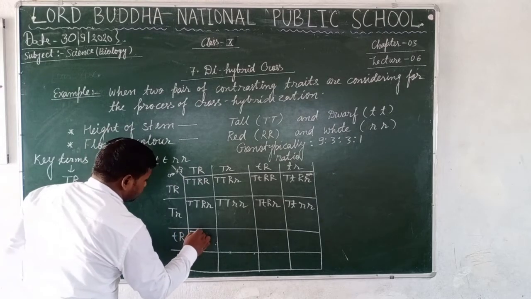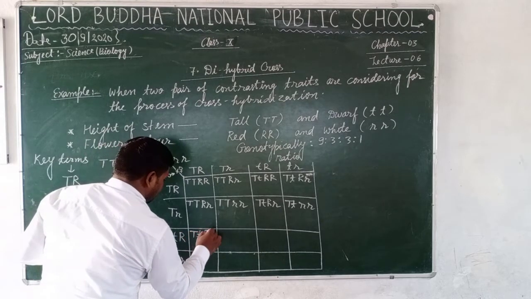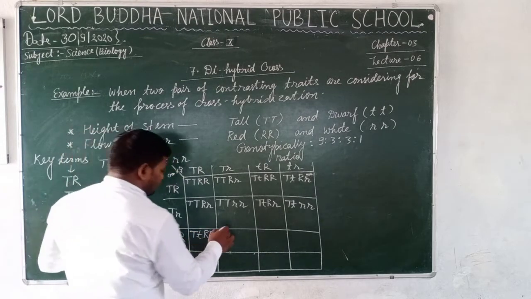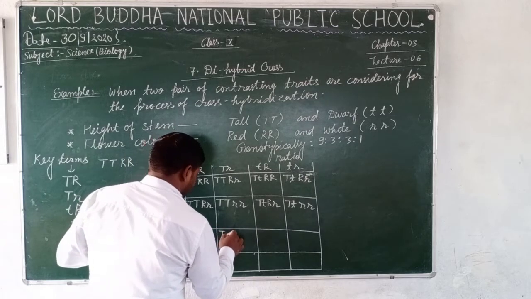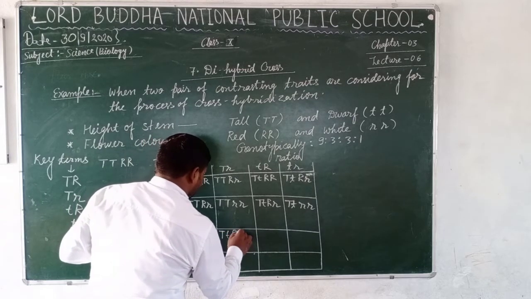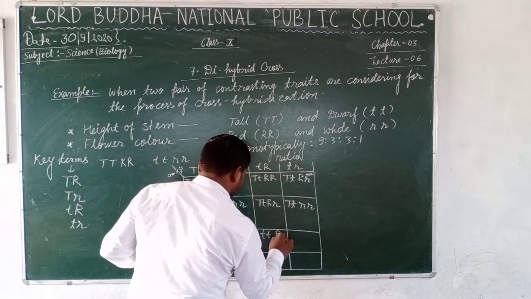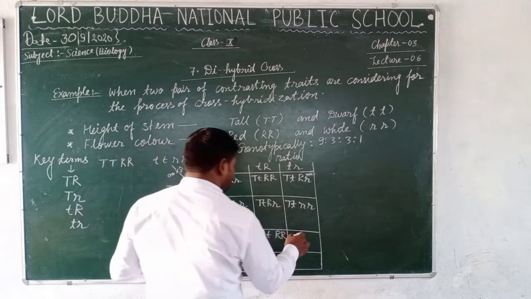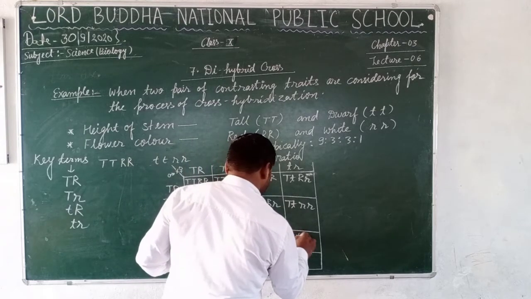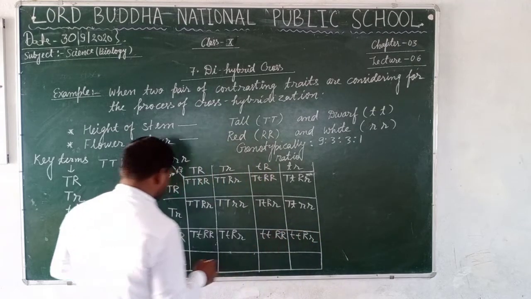Now here capital T small t capital R, capital T small t capital R small r, the small t capital R, and students, the small t capital R small r.